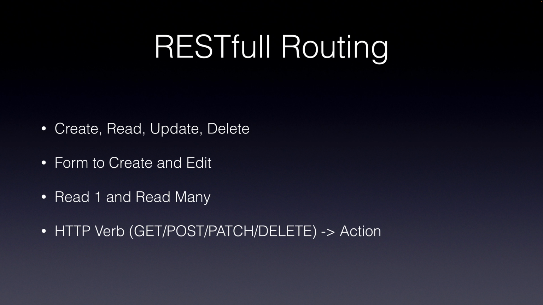So if we use the get verb in HTTP, that means we want to read something. If we use post, that means we want to create something. Patch means we want to update something, and delete means we want to delete something. So keeping that in mind, you'll probably need to go to your config routes file. There's a little URL up there. You can visit that site and read more about RESTful routing.